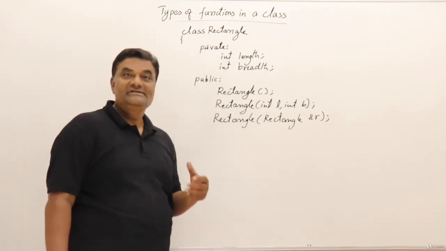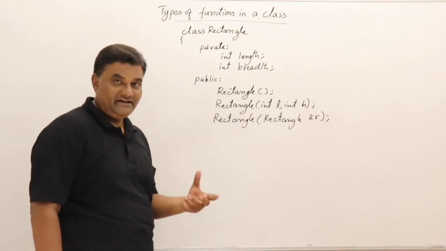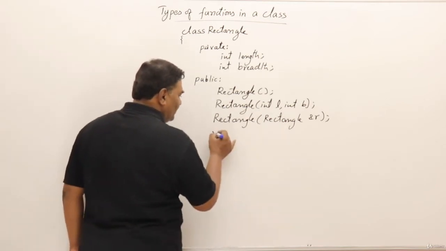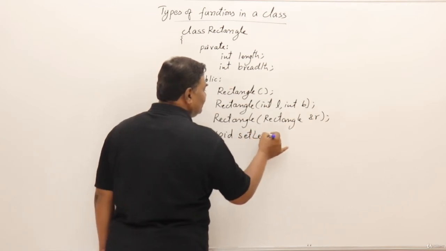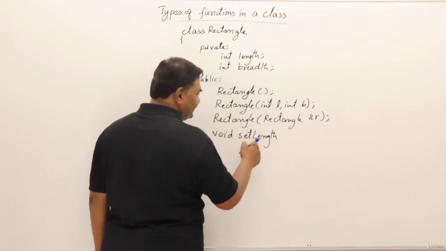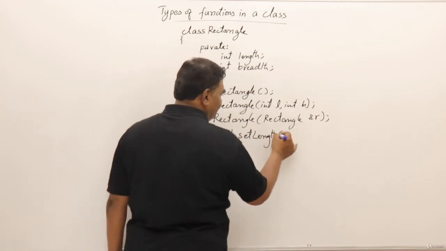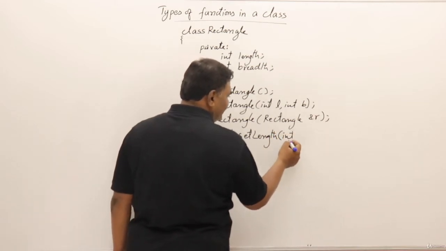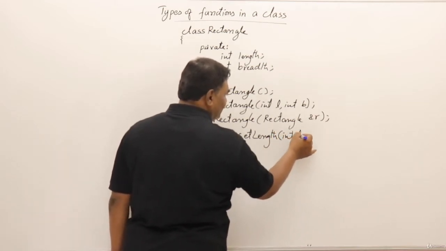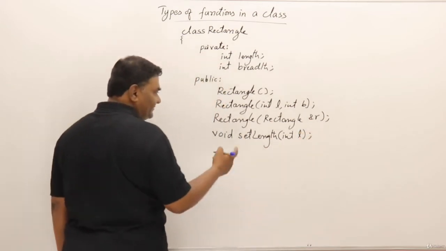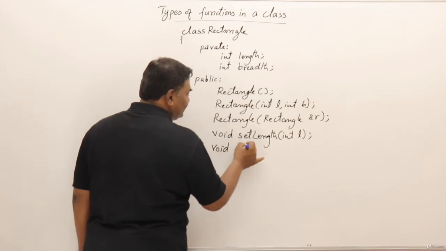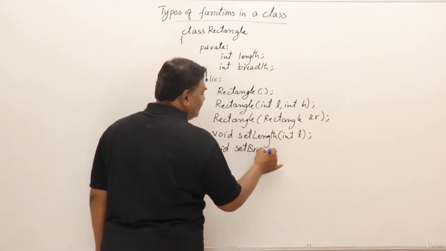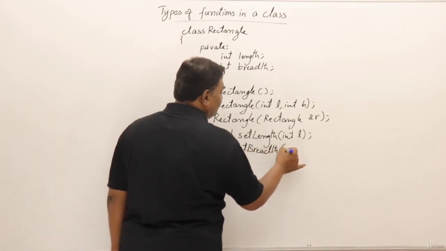Next, I should write down setter methods, which are called mutators. Void setlength. There is no space between set and length because this is a function name, and it takes an integer variable. I will close this, or else I can give a data member name, a parameter name. Then void setbreadth.